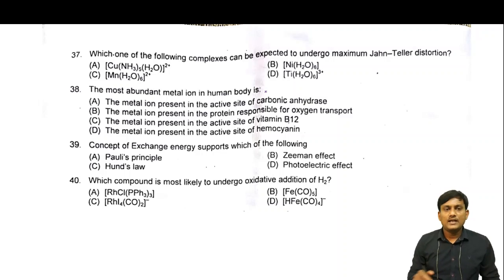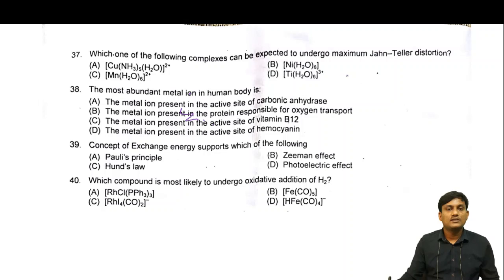Which one of the following complexes can be expected to undergo maximum Jahn-Teller distortion? Okay, what is Jahn-Teller distortion? When does it happen? The Jahn-Teller distortion happens when the electronic configuration is asymmetric.